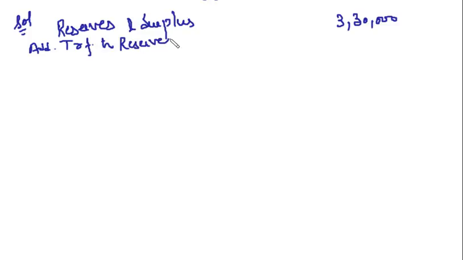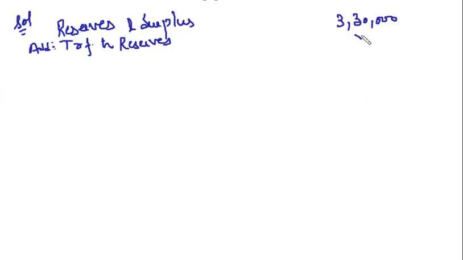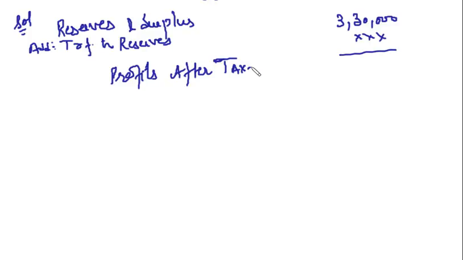Do you find any amount, like a general reserve or something else? No, we don't have any other reserves on the liability side. So we do not have any amount here. So this means we have profits after taxes of 3,30,000. Now out of this, what is to be added back?